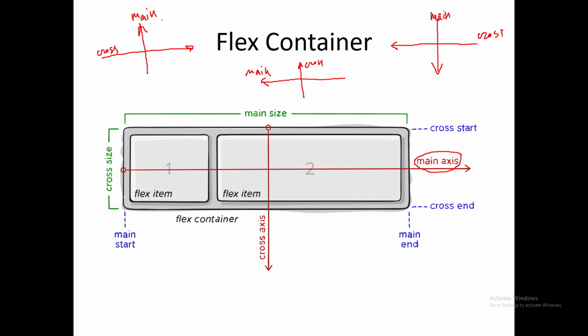Once you specify the orientation of your main axis, the cross axis will align itself on its own. The point from which your main axis starts is called the main start, and the point where your main axis ends is called the main end. The same goes for the cross axis.